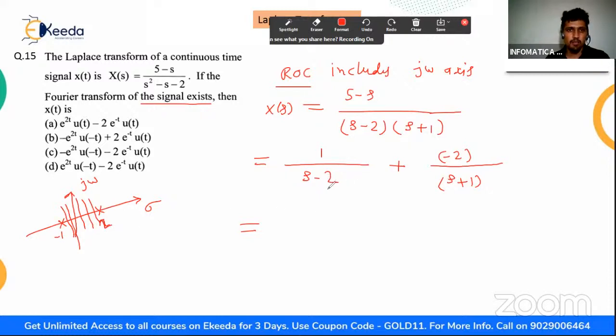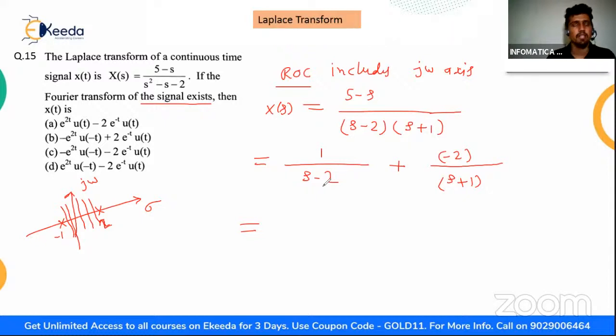So for that, this signal must be left sided. Then only, because for left sided signals the ROC is left of the leftmost pole. So this signal must be left sided. Only in that case will the ROC be left of the leftmost pole.